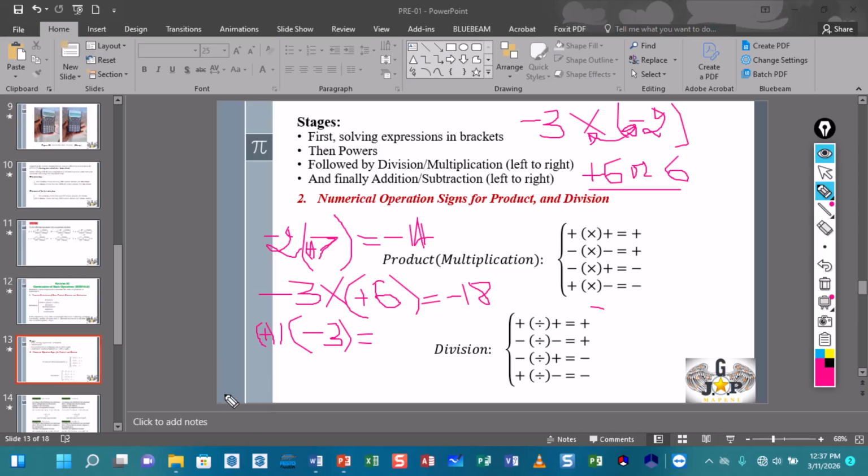Okay. So plus times minus, we start by solving the signs, gives us minus. 1 times 3 gives us 3. So we have minus 3. This is how you solve it. We're going to go through examples. Don't worry about it. When we start working with training, you're going to grasp it.